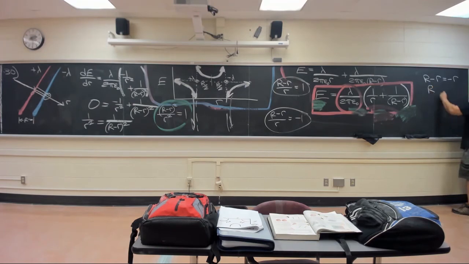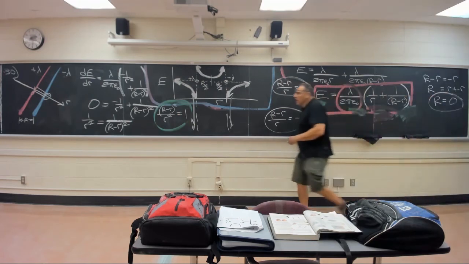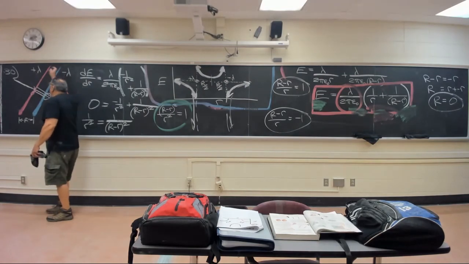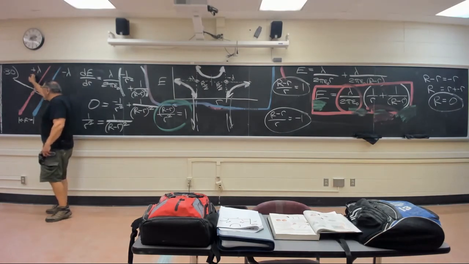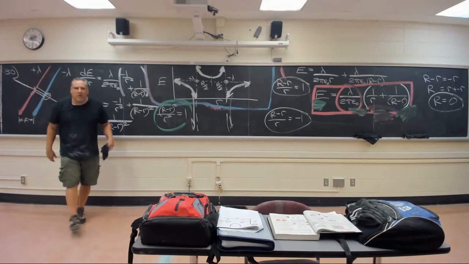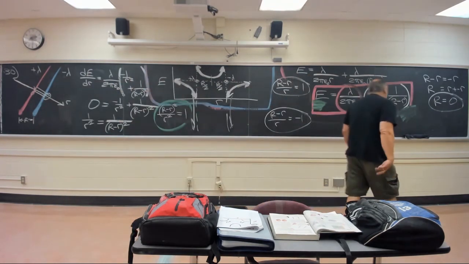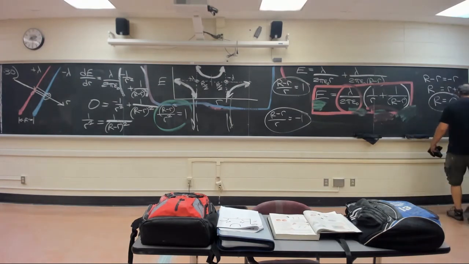Add a positive r on each side. If the distance between them is 0, these negative charges and this equal number of positive charges cancel each other out, and you got an E field equal to 0. Yeah, I think that's logical.